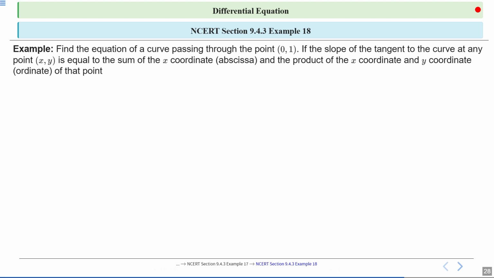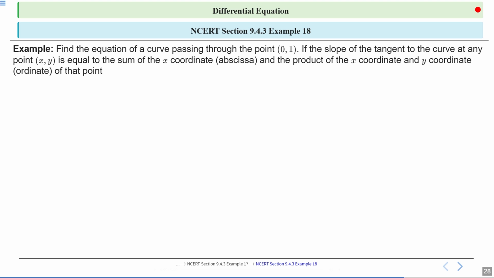We can solve this by the method of linear differential equations.